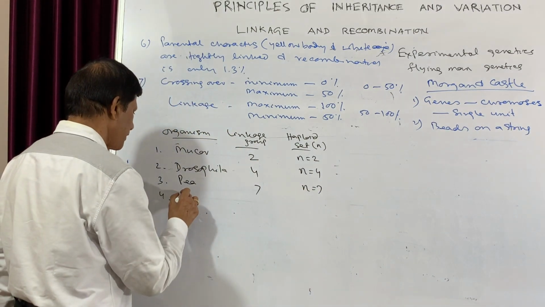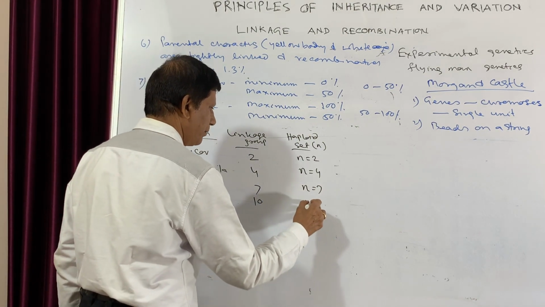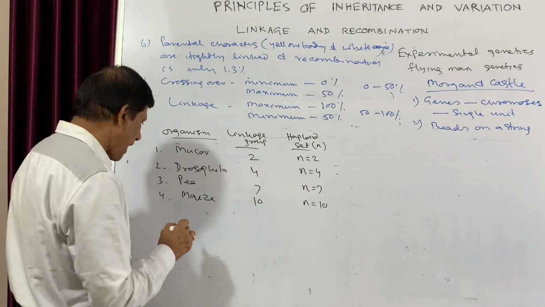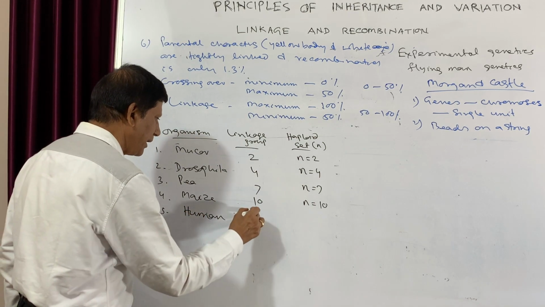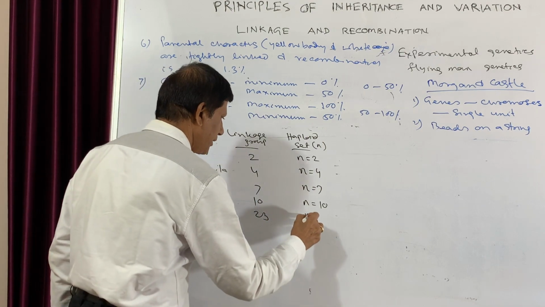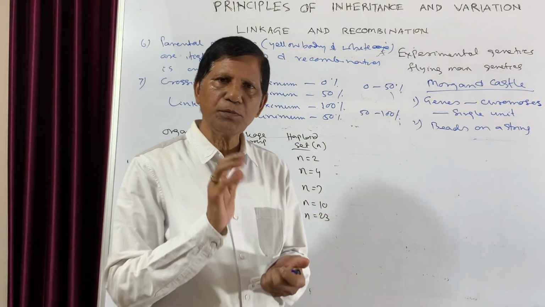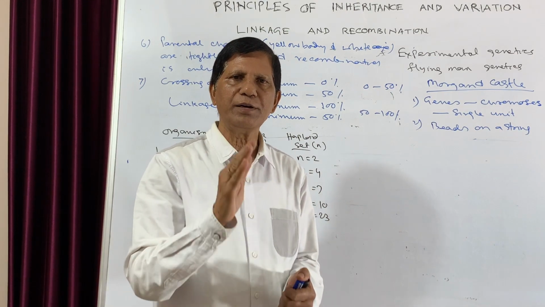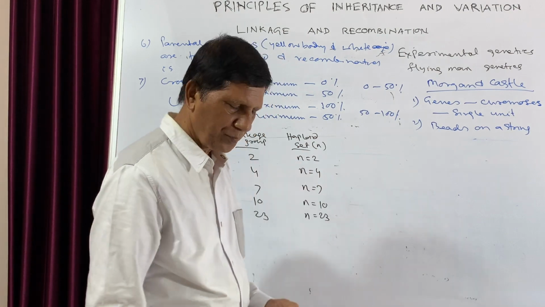In case of maize, there are 10 linkage groups because N is equal to 10. And in case of human beings, there are 23 linkage groups because N is equal to 23. That means always the number of linkage groups corresponds to the haploid number of chromosomes. That is the linkage group.